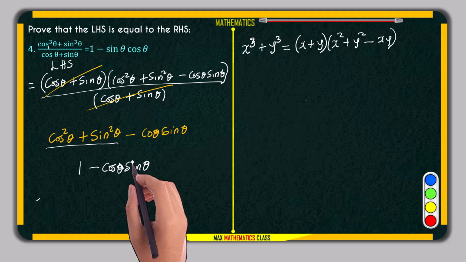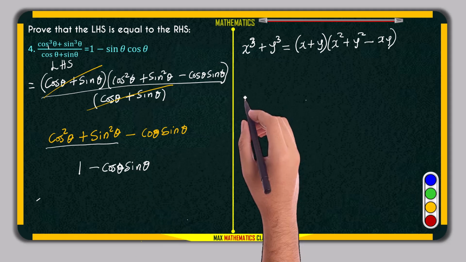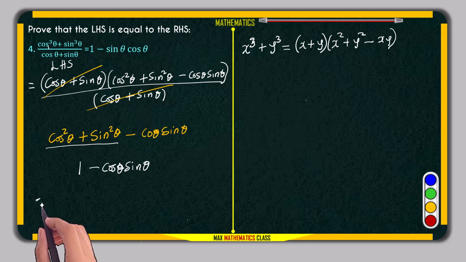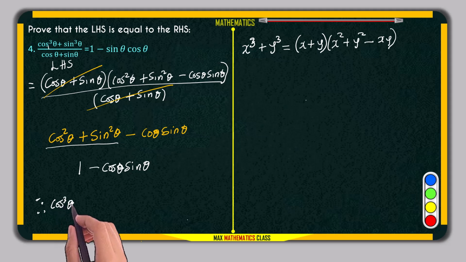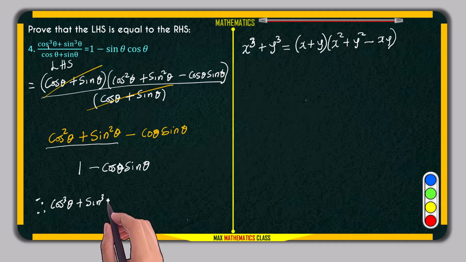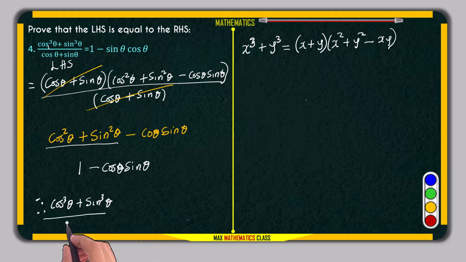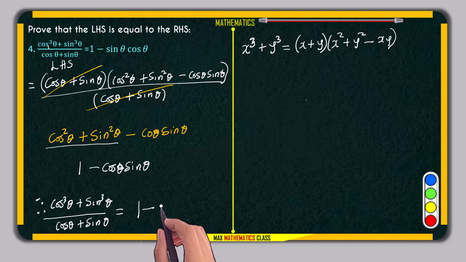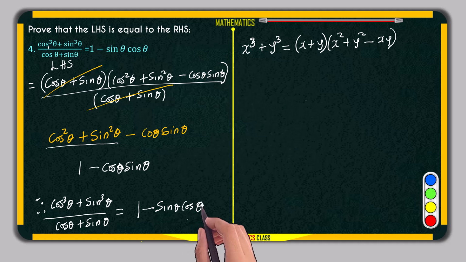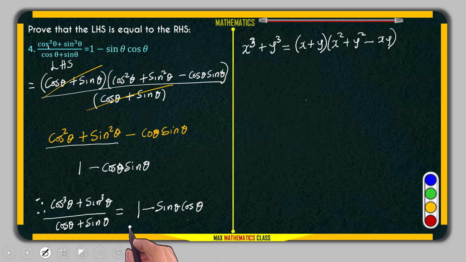So you can see we have proved it here. So in conclusion, therefore, cos cube theta plus sine cube theta over cos theta plus sine theta is equal to 1 minus sine theta cos theta. So proved again.